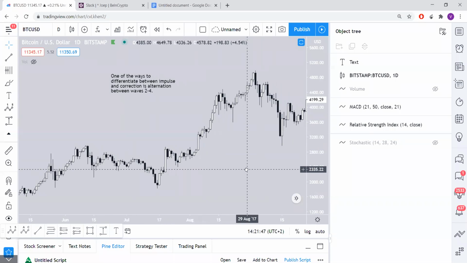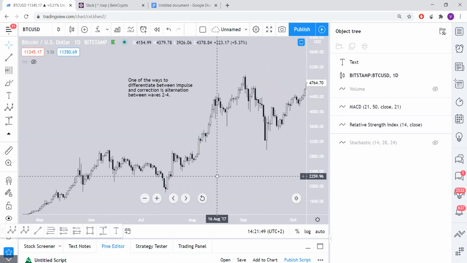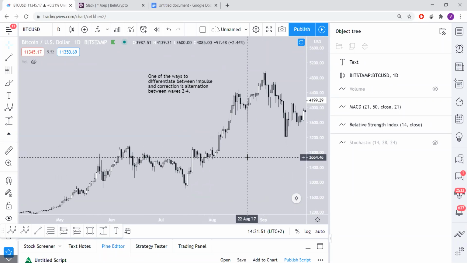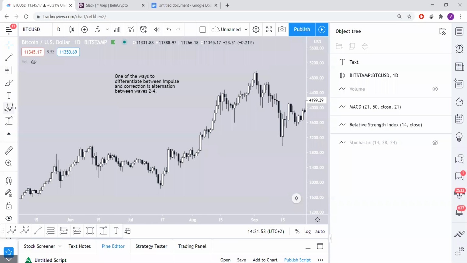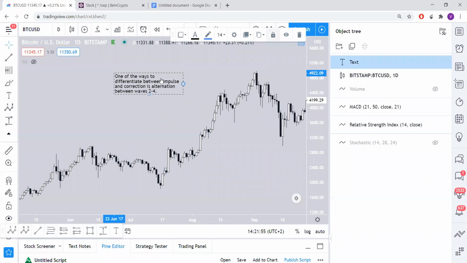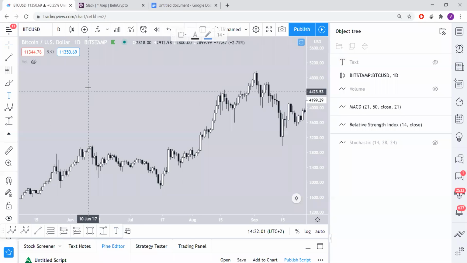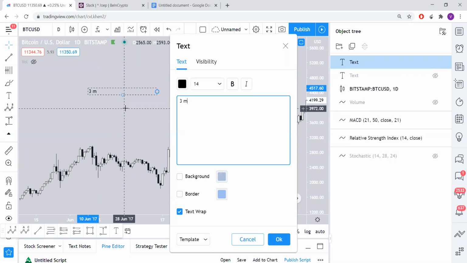Now, okay, this is easier. I guess I was supposed to lead with this one. So there are three main rules of Elliott wave theory.